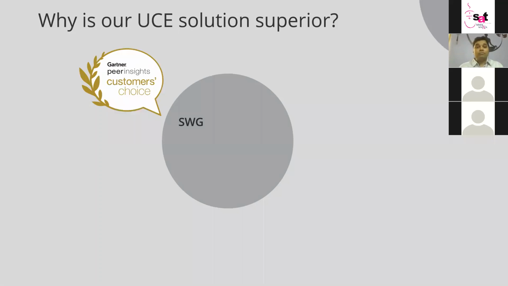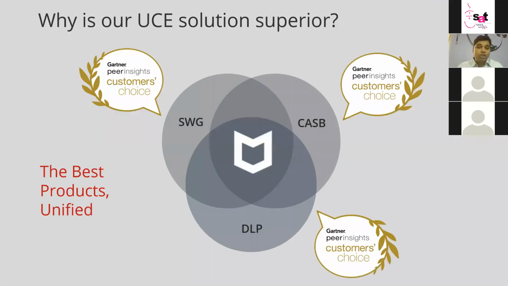Similarly, the three technologies which we sell individually as well as a combined solution, which is UCE, have each been given the Customers' Peer Insights Award individually. What we have done is take all the best-of-breed solutions and combine them, converge them, so that you get the best of all three, right?